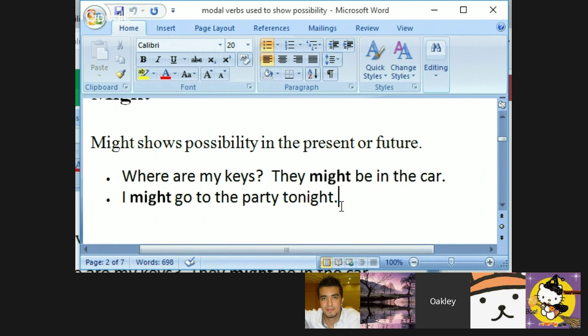The way I'm saying it there probably means it's less than 50%. Okay? But the way I'm saying it now, I might go to the party tonight, that's probably better than 50-50 odds. I'm excited about it. So intonation can play a role in what the probability is. Just to make that clear.